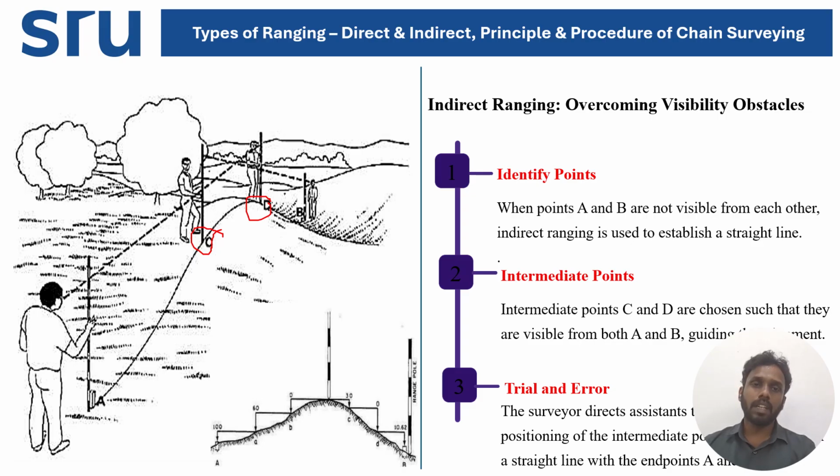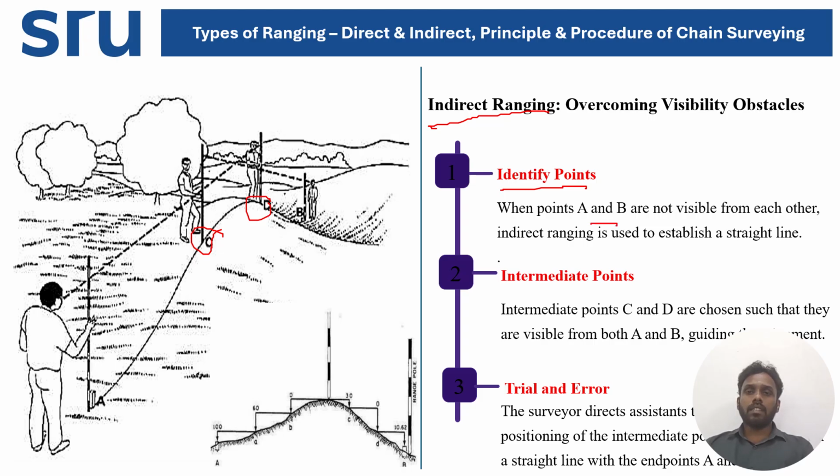You cannot do direct ranging. In that condition, you have to go with another technique, which is called indirect ranging. So in indirect ranging, you have to identify points when A and B are not visible.